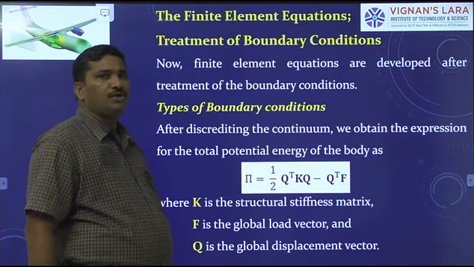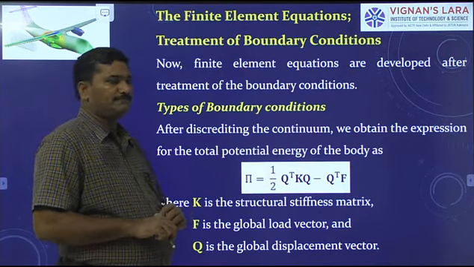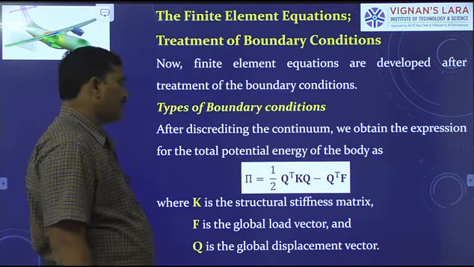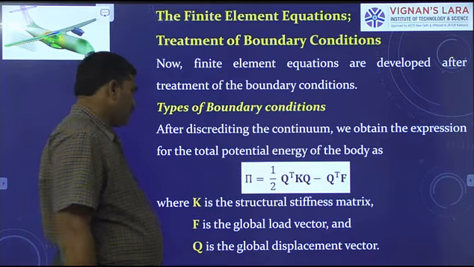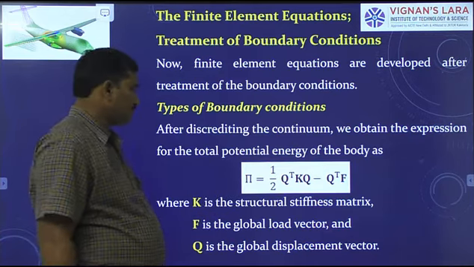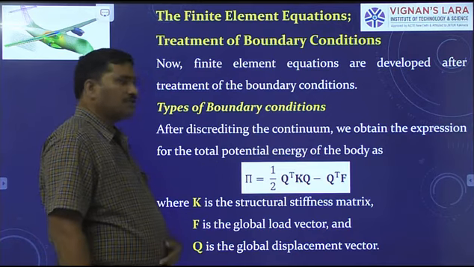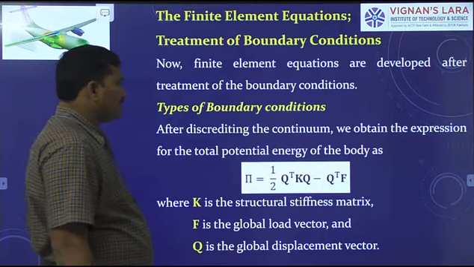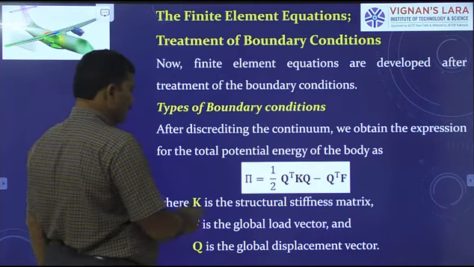Q is the global displacement vector and k is the global stiffness matrix. F is the global load vector, right? This is the expression for determining the total potential energy of the elastic solid.